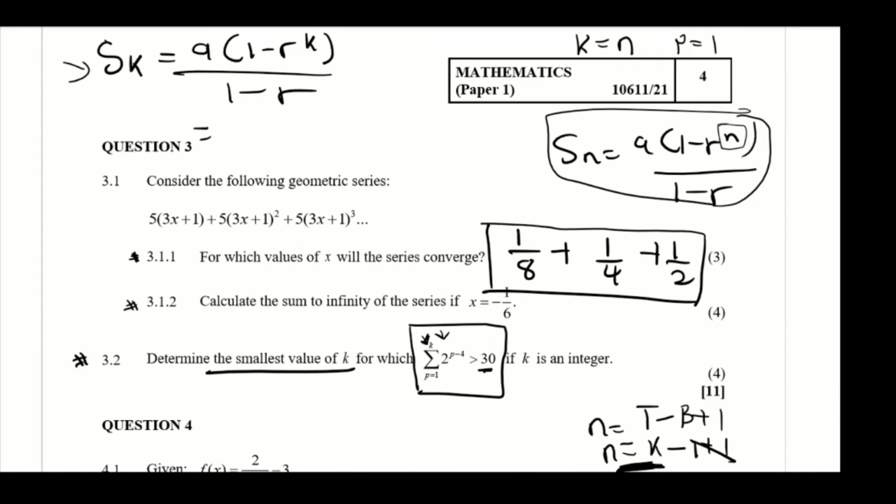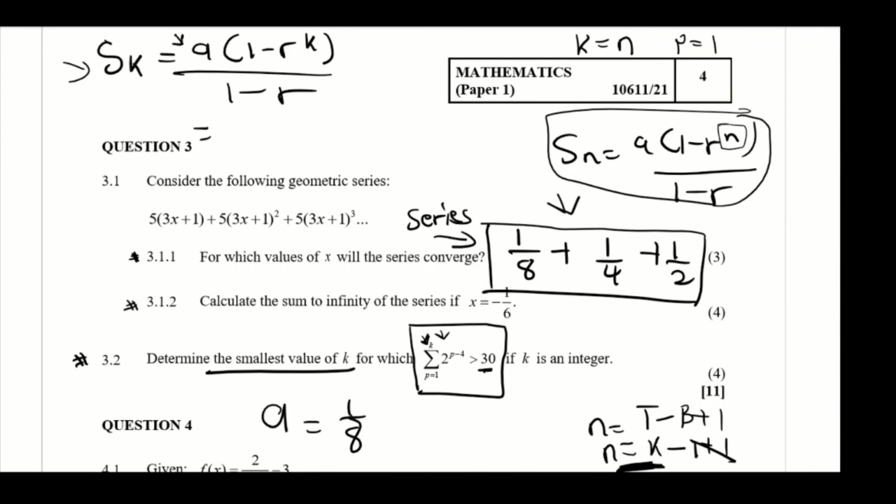So we're having our sequence here, which is this one here. We need to substitute. So our a value, which is this one here, is actually equal to 1 over 8. Remember that this is our sequence, or our series rather. So our first term is 1 over 8, and this is a geometric sequence or geometric series.